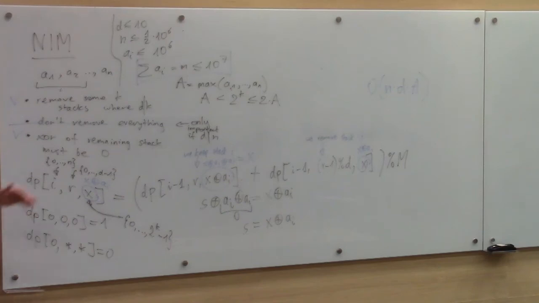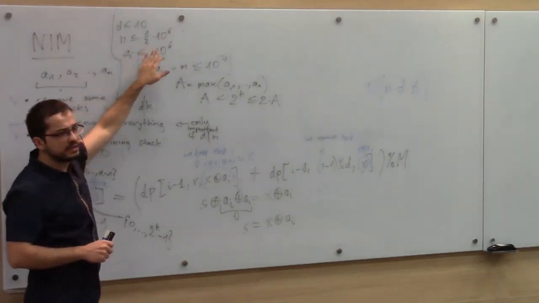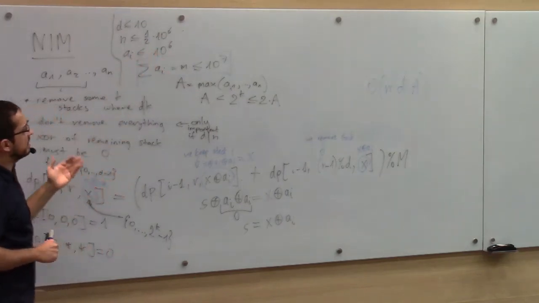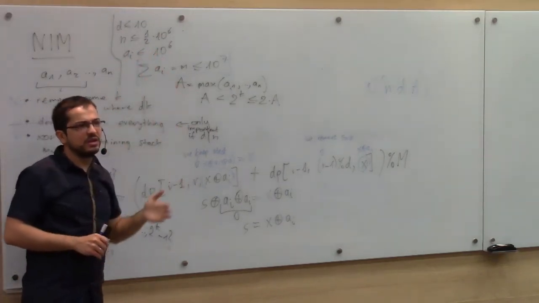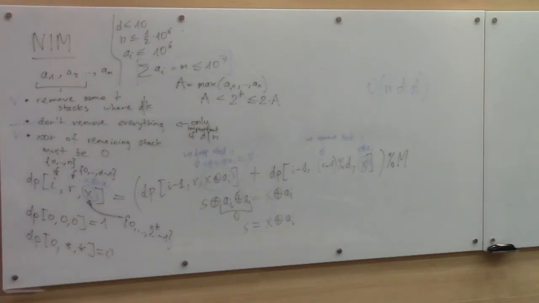So basically, if we have a large number of stacks, but the total size is limited, we know that not every stack could be as big as 10 to the 6th. So if we have some big stacks in our Nim, then because of this limitation of total size, a lot of the stacks will actually be small.